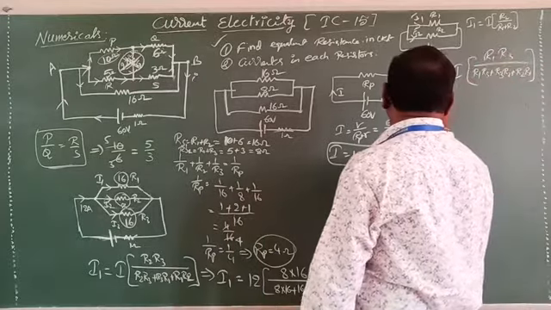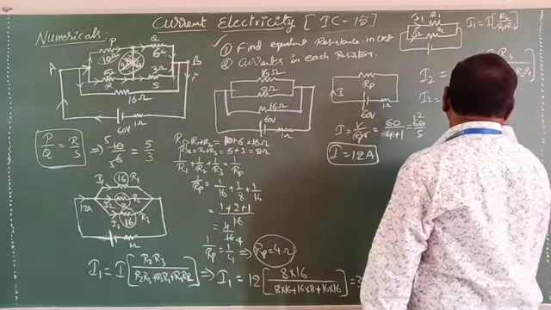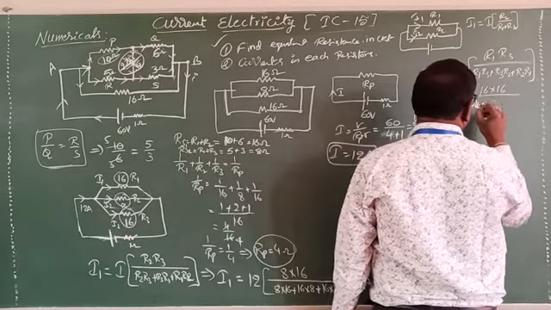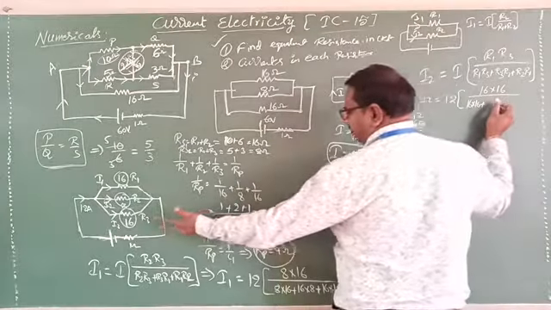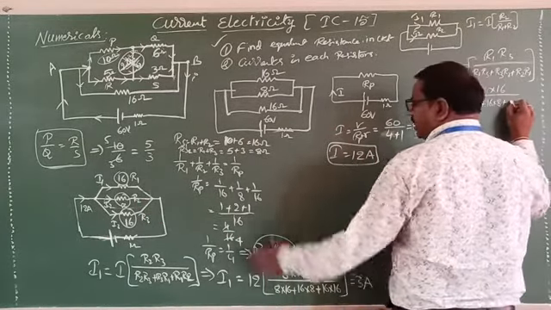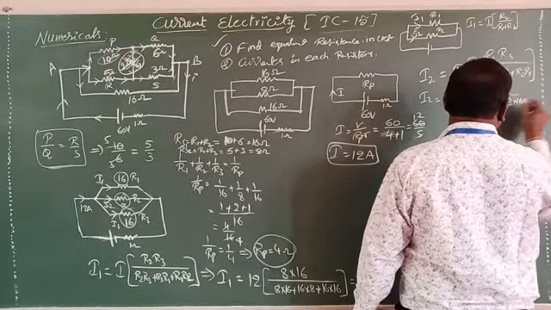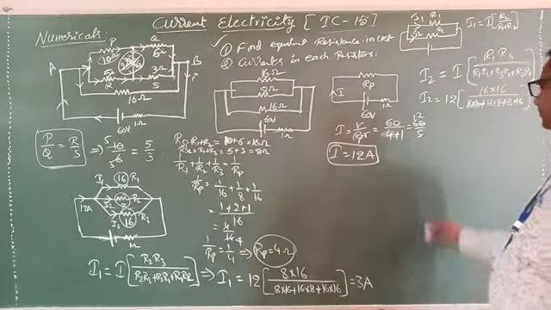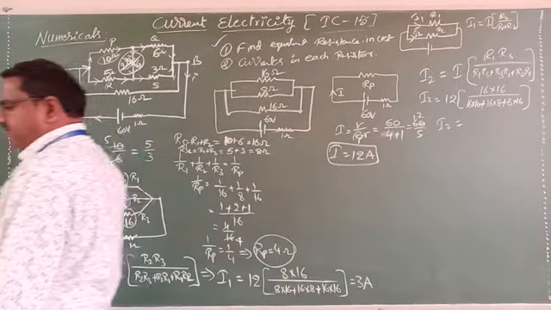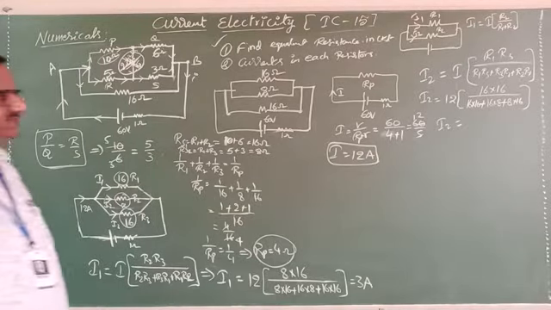Are you following? So I2 equals 12 into 16 into 16 by 16 into 16 plus 16 into 8 plus 8 into 16. Measure this one, and the answer will come approximately as 6 amps.